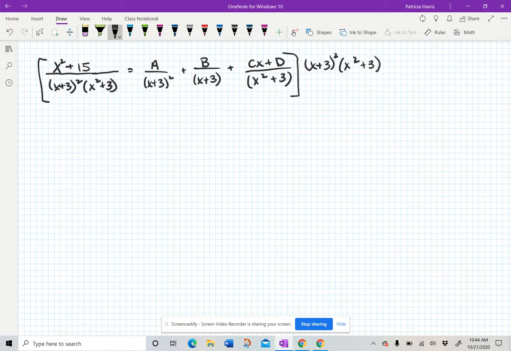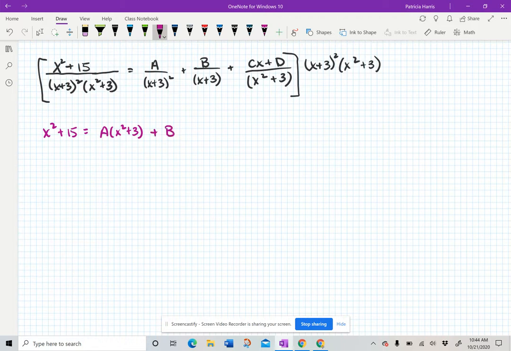All right, here we go. So this whole left side, the bottom cancels out, so I am left with x squared plus 15. On A, I am left with, again, I'm just canceling. Now I am skipping some steps with this one.